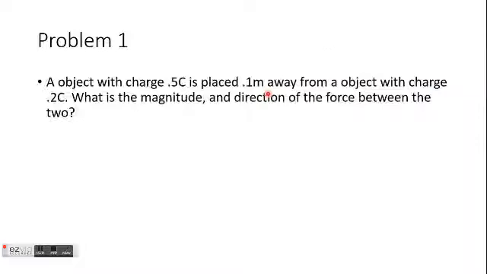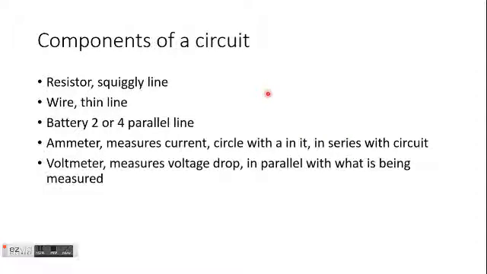They'll be parallel though. And then ammeter and voltmeter. An ammeter measures current, and it's a circle with an A in it, and they're always in series with the circuit. And the voltmeter measures voltage drop, and it's in parallel with what you're measuring the voltage drop across. Ammeters have very low resistance, so if you run too much charge through them, you can blow them out.